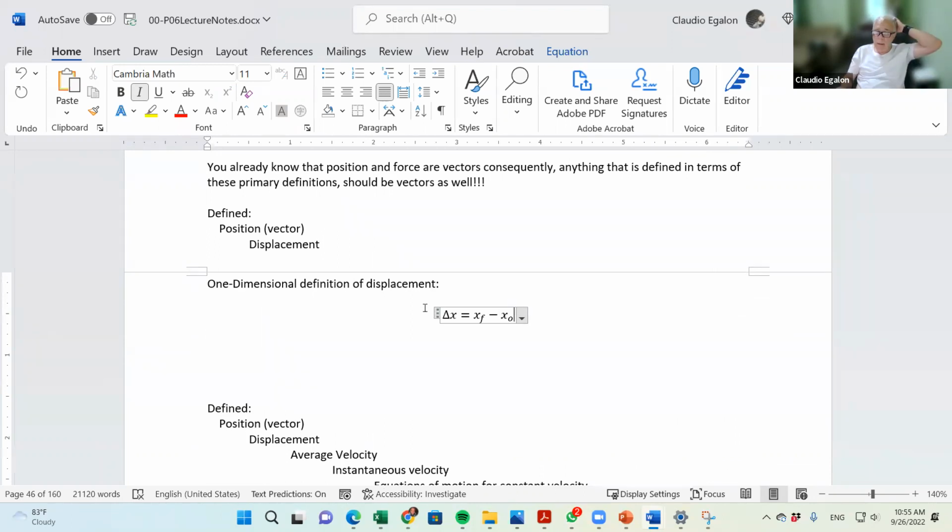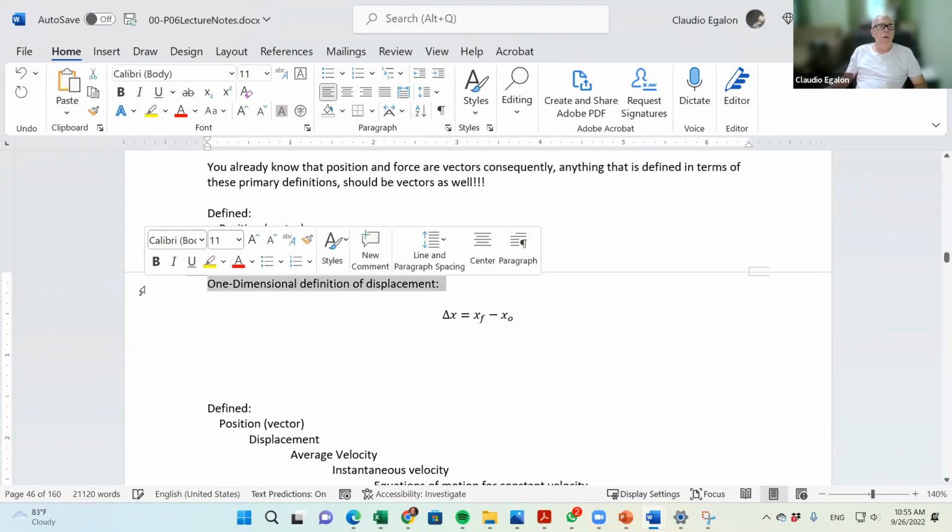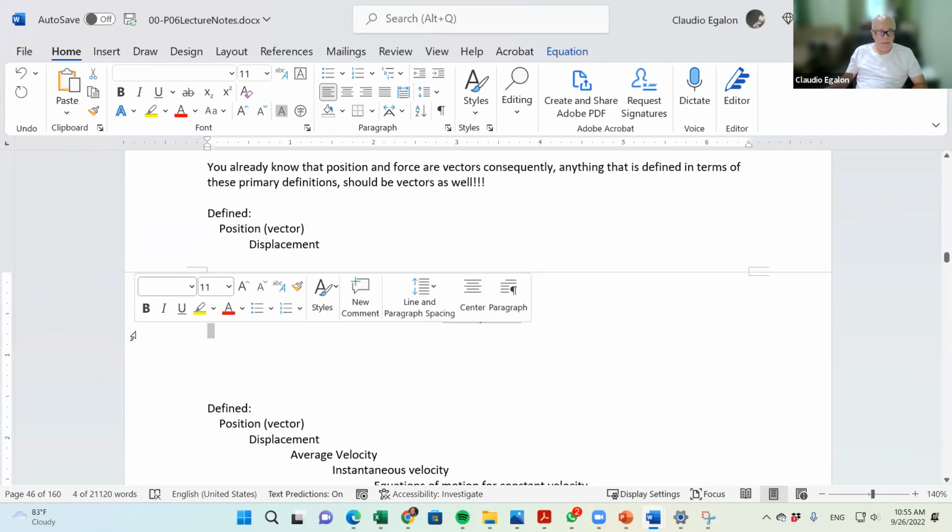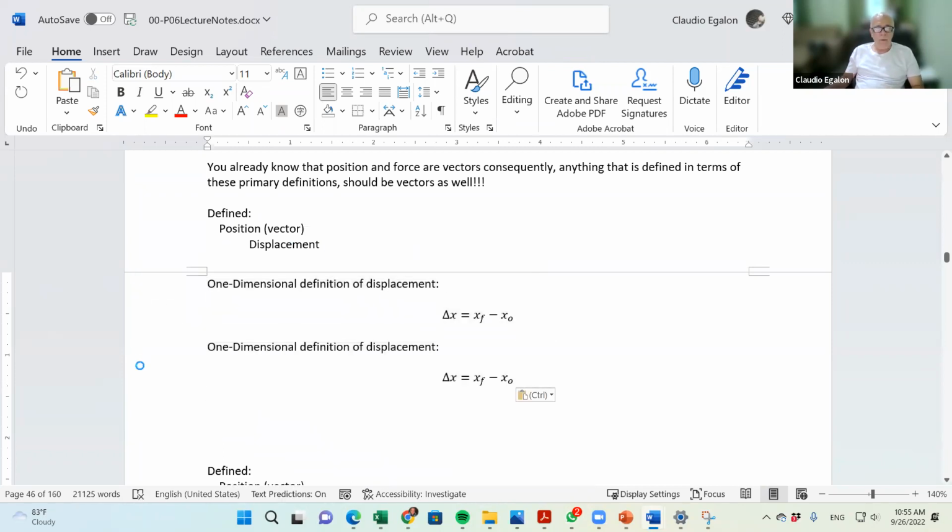Okay. What about the two-dimensional definition of displacement? The two-dimensional definition of displacement, we are going to write down in terms of the initial position. And by the way, for the two-dimensional definition of displacement, we write down not delta x, but we write delta r.